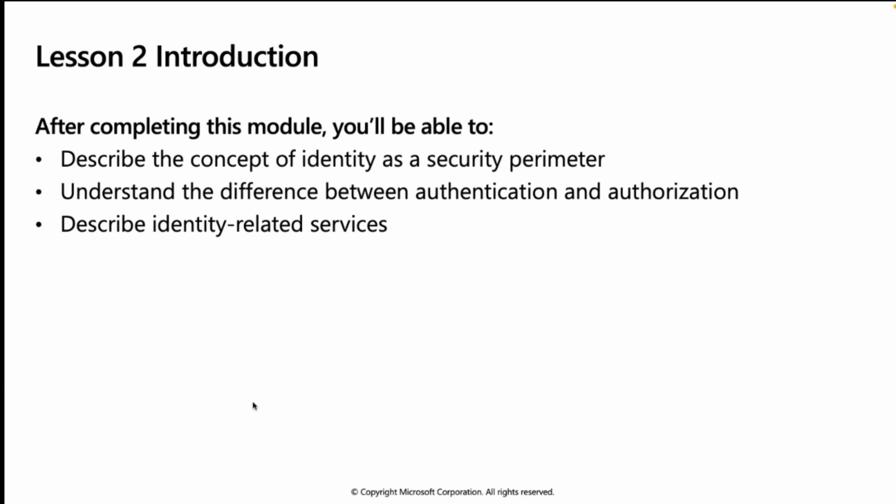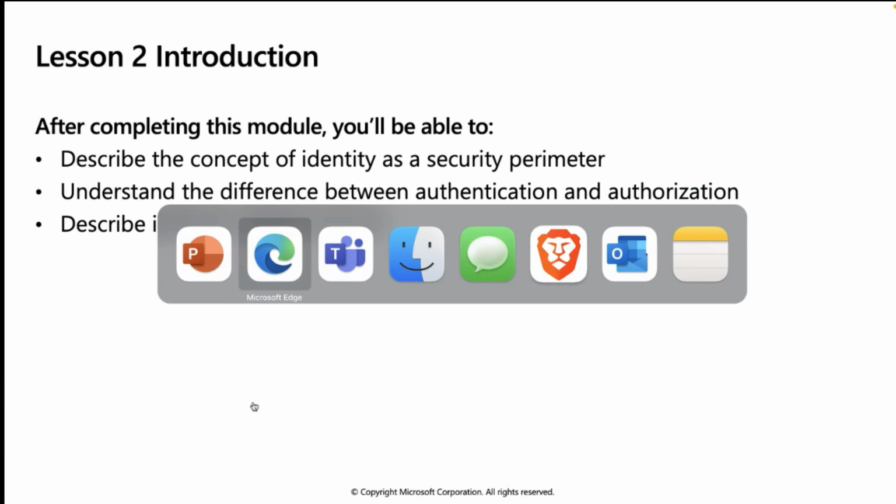All right, so in this session, we're going to talk about using the concept of identity as a security perimeter. Identity is the first and last security perimeter. It's so important. Understand the difference between authentication and authorization, and also describe the identity related services that Microsoft 365 provides.